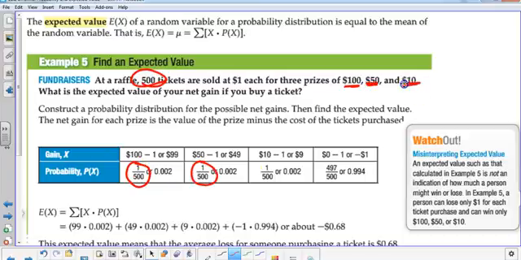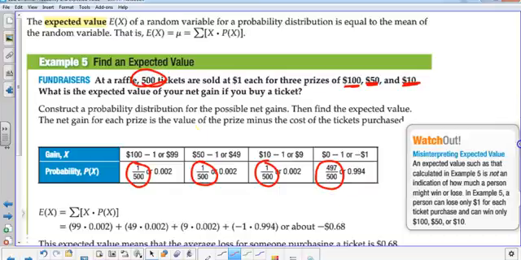We're going to give away one $10 prize. And the other 497 tickets are losers. What is your expected value, which means if you decided you were going to participate in this raffle every day, over the long run, what would your expected earnings be?